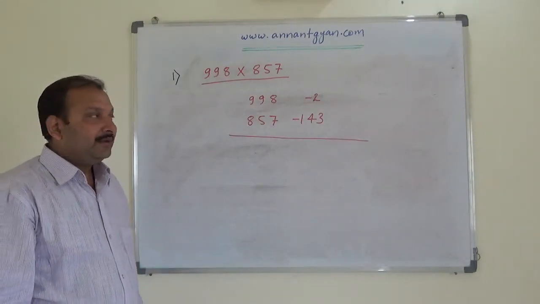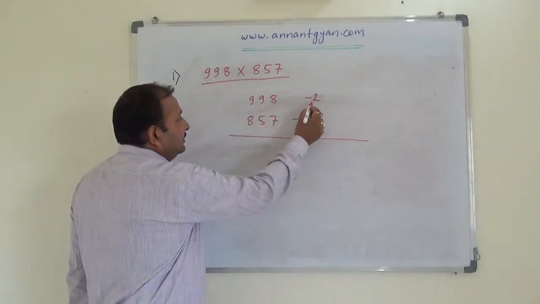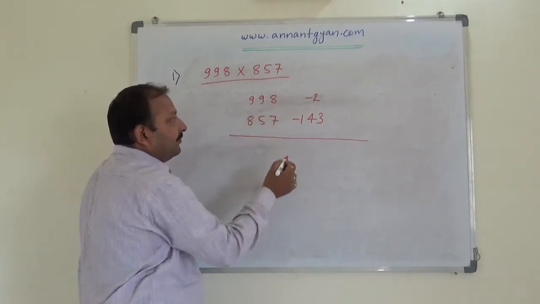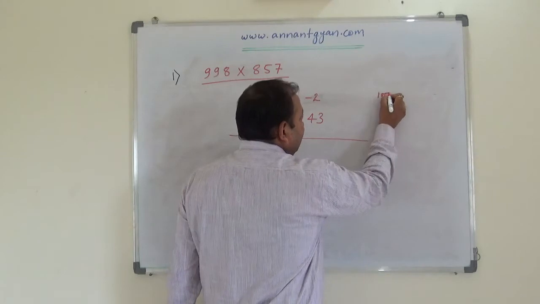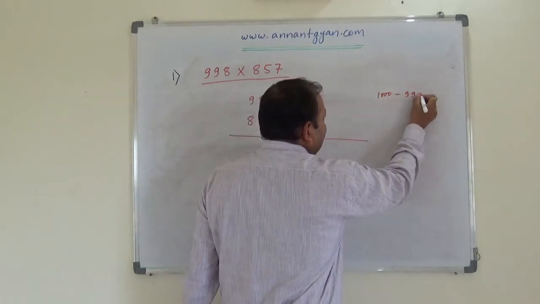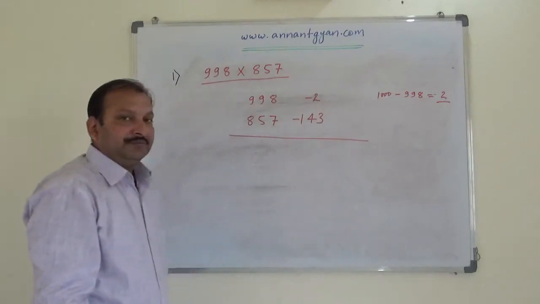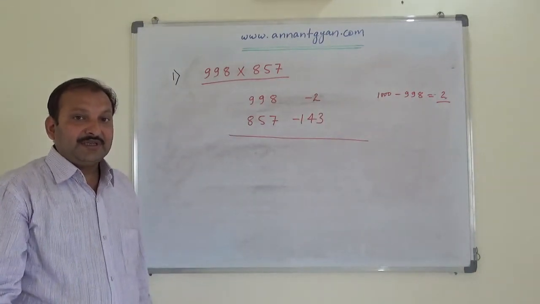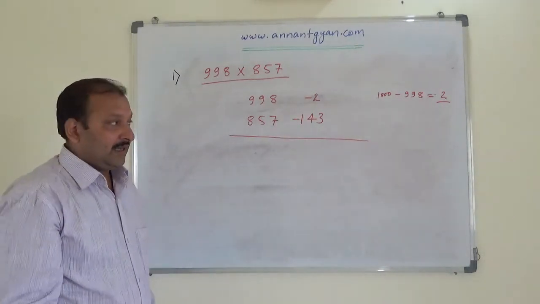So my dear friends, here you can observe this is the deficit value of 998 from the base value 1000. So this is 1000 minus 998, that is 2. So I shall write minus 2. If it is less, we shall use the minus sign. If it is more, we shall use the plus sign.